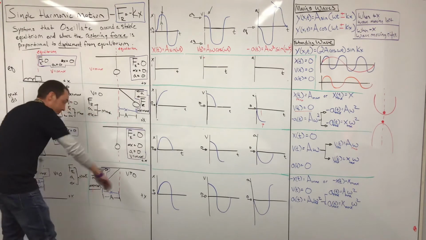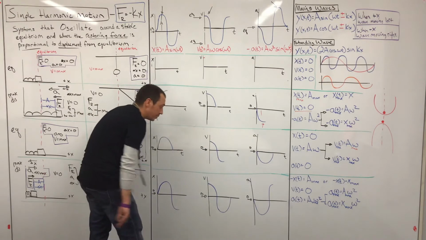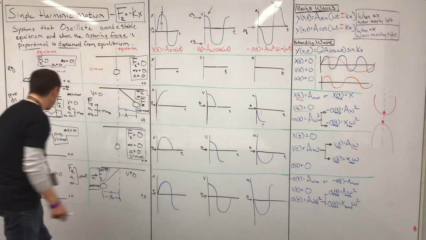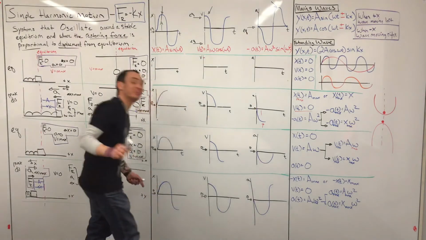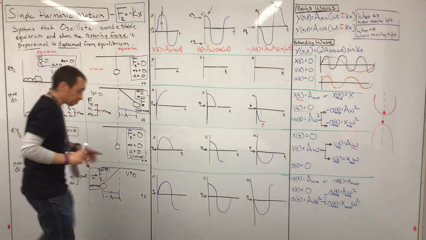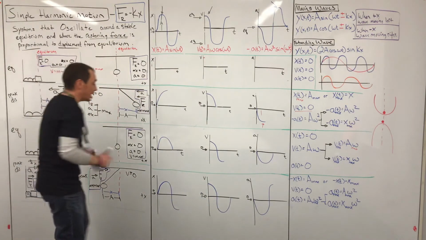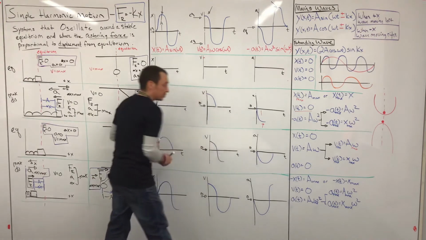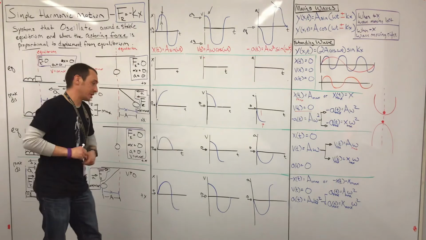So displacement and acceleration should be max furthest from equilibrium, and velocity should be 0 furthest from equilibrium, right? And acceleration and displacement should be 0 when we're at equilibrium, where velocity will be max, okay?